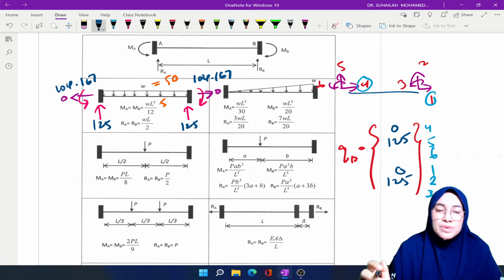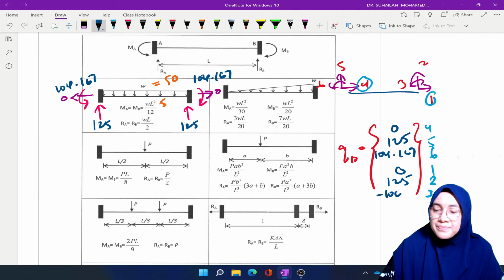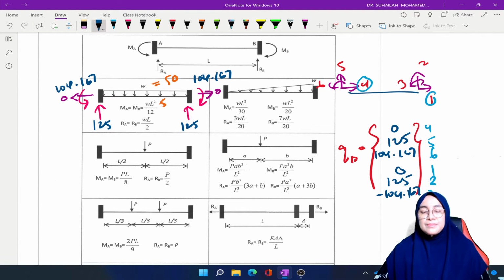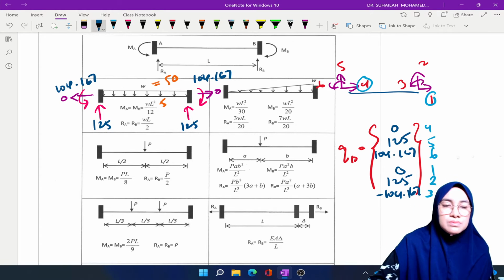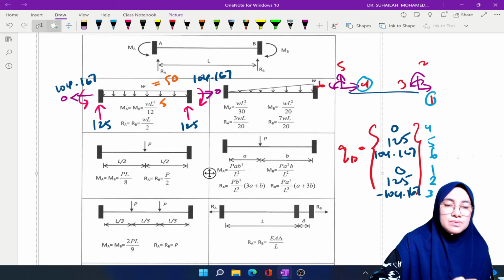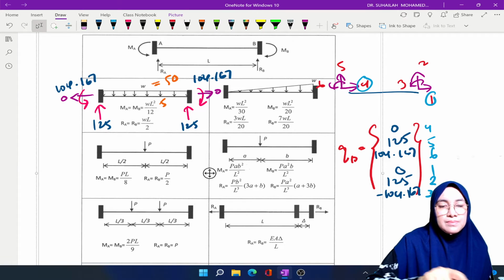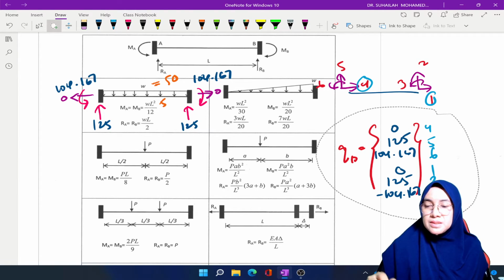We have 6, which is positive, 104.167, and we have 3, which is negative, 104.167. So this is actually the value. Okay, copy this.